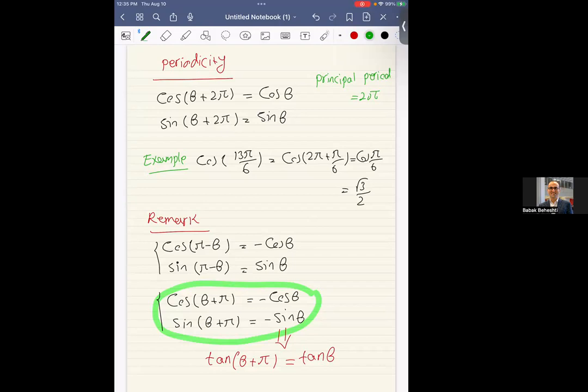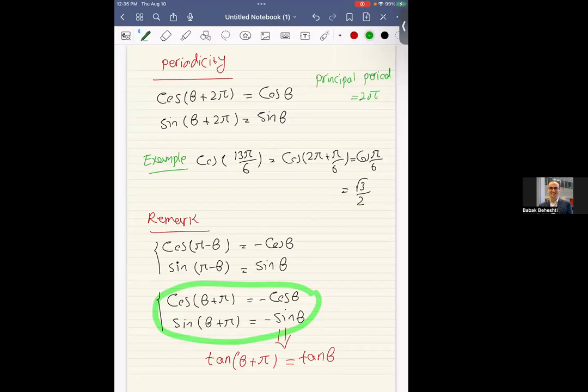Oh, the principal period, the thing is, it's not a deep concept. We saw that sine of theta plus 2 pi is sine of theta, right?